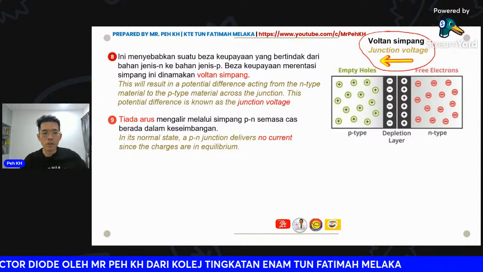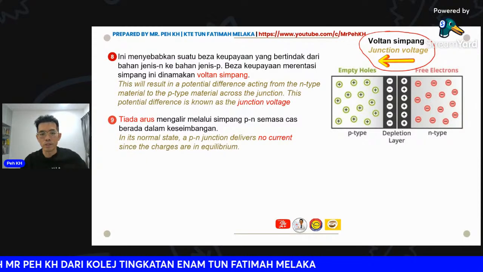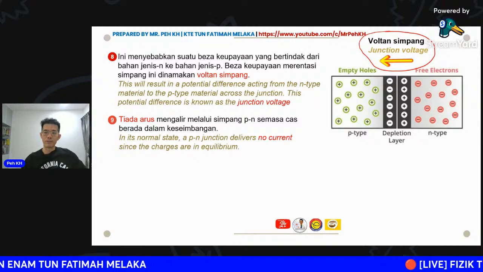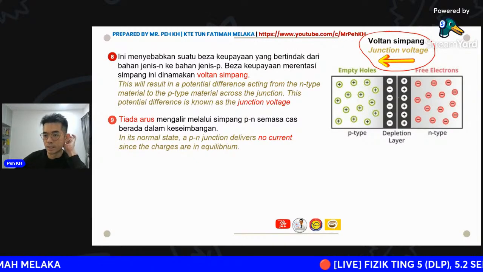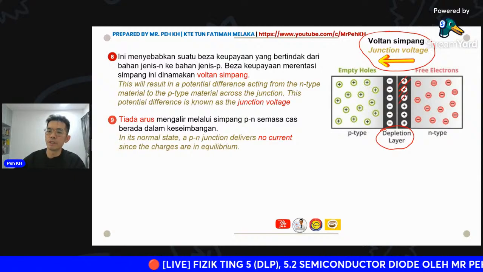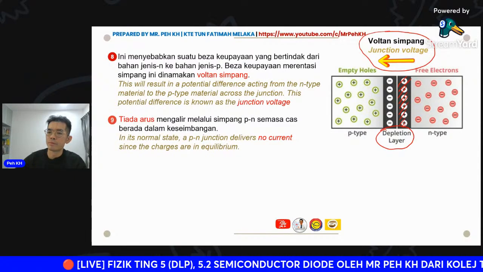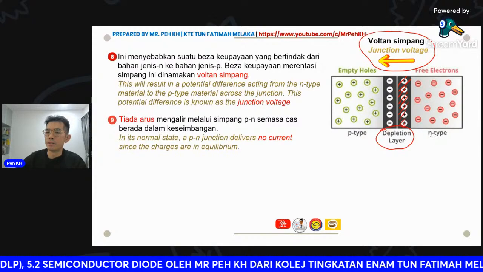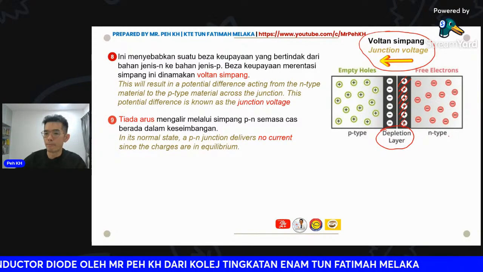Okay, so in normal condition, the PN junction delivers no current since the charges are in equilibrium. That means here you can see at the depletion layer, there will be a positive charge layer at the side of the n-type semiconductor.